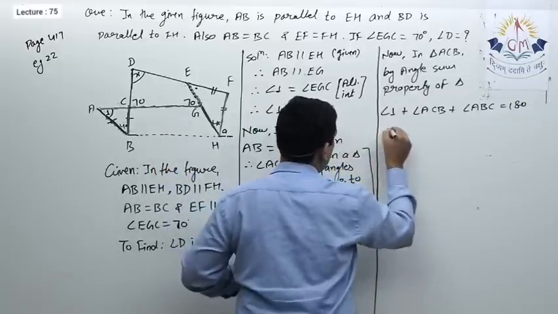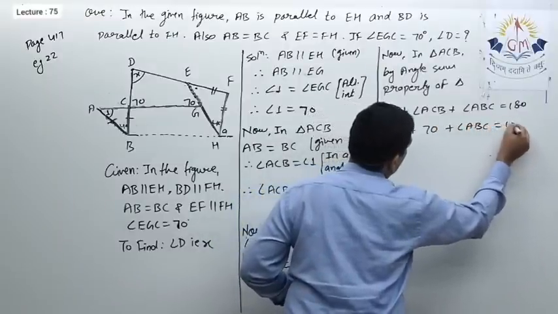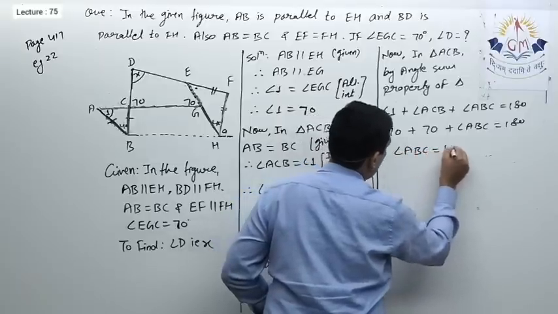So 1 is 70 degree, ACB is 70 degree, so we'll get the measure of angle ABC. Therefore angle ABC is equal to 40 degree.